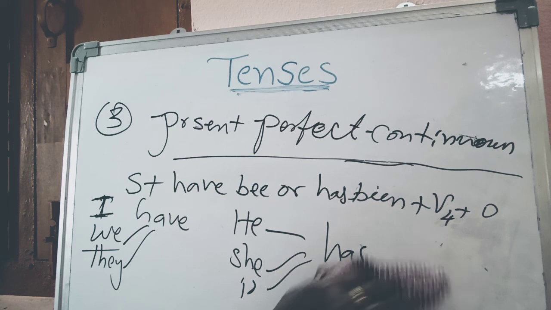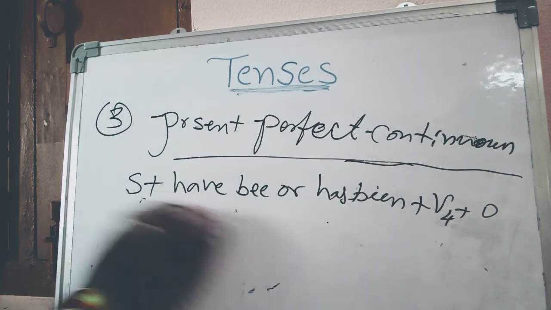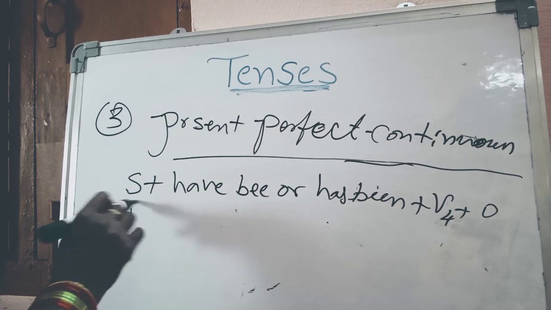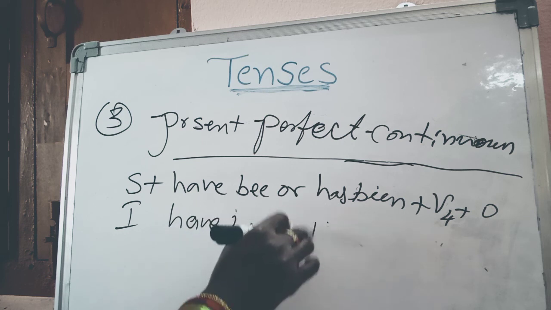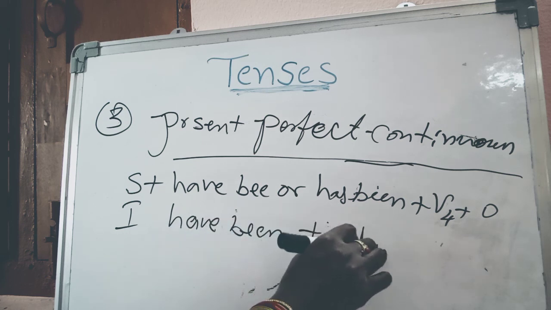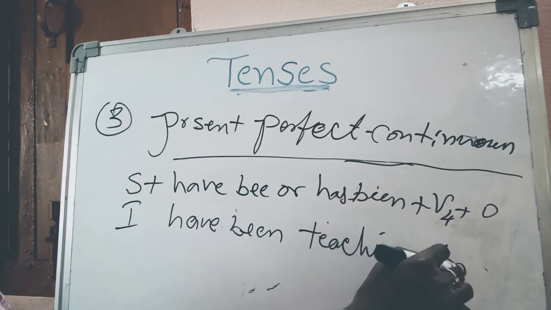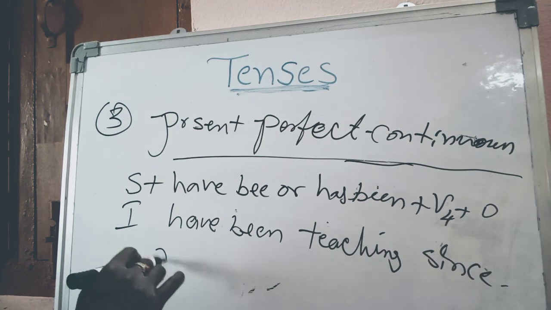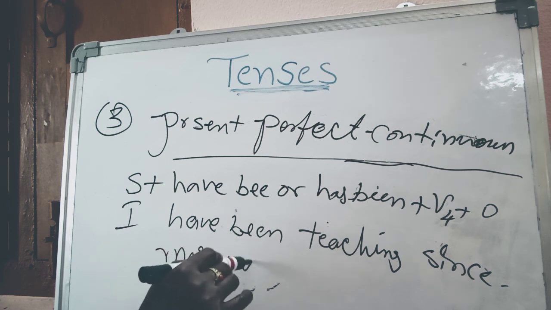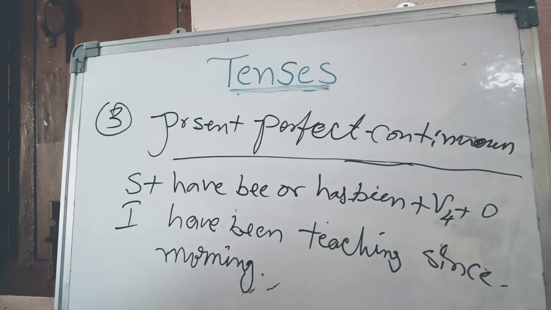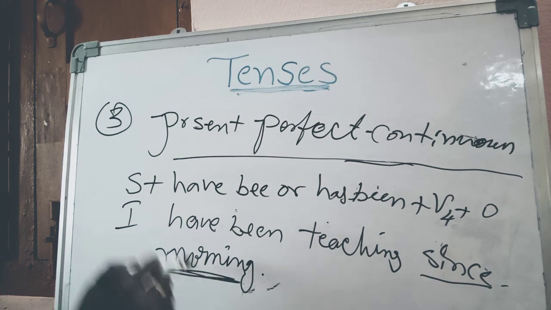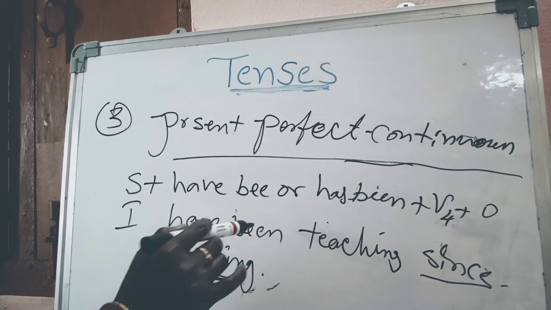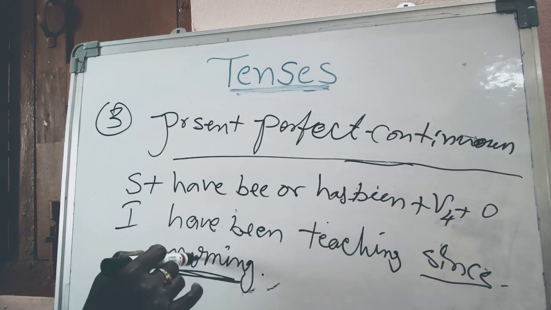Now, I am telling here, I have been teaching since morning. In this, we have to observe one thing here: the point of time, since morning. Since morning, I have been teaching.